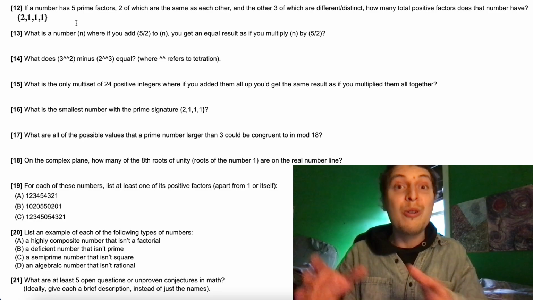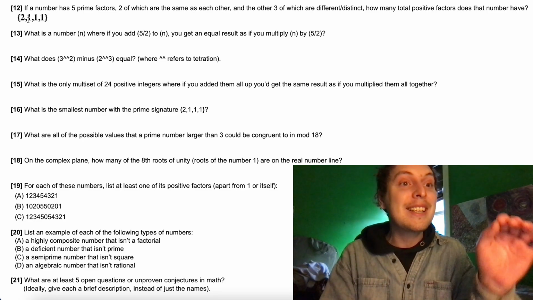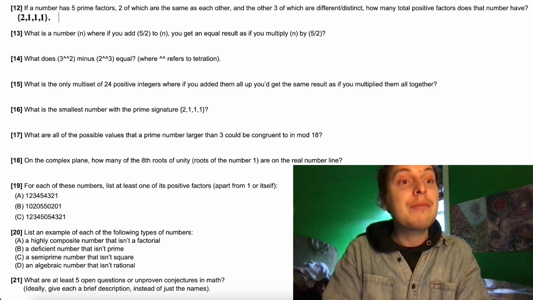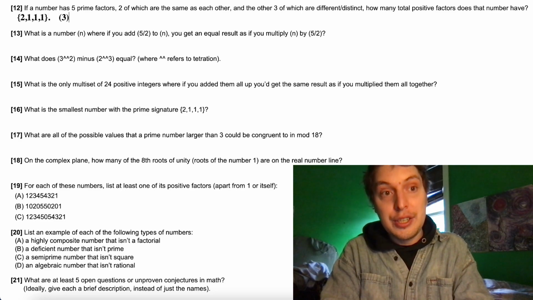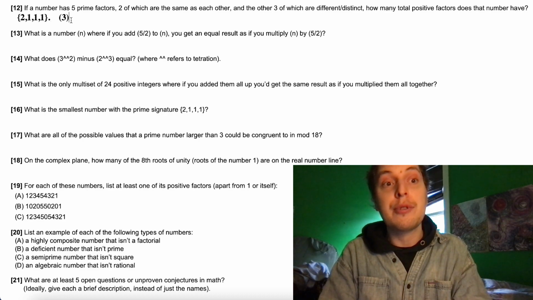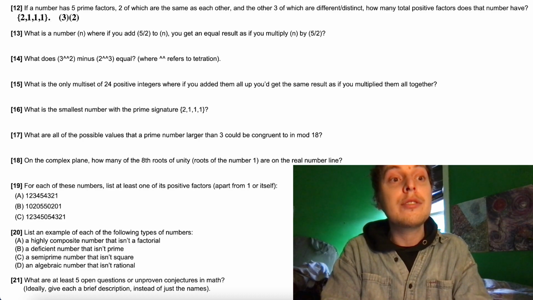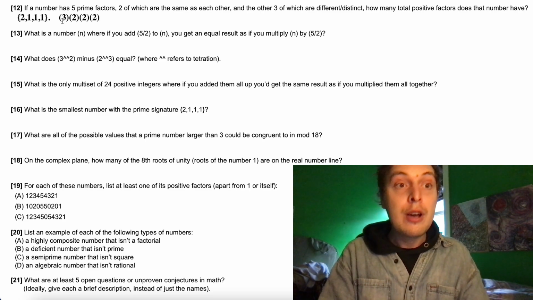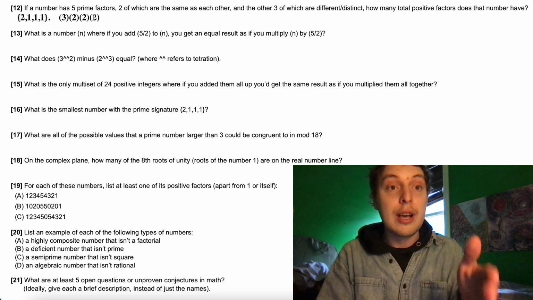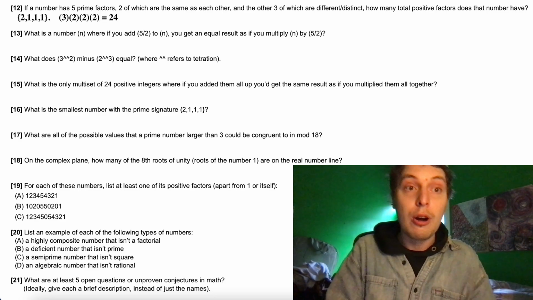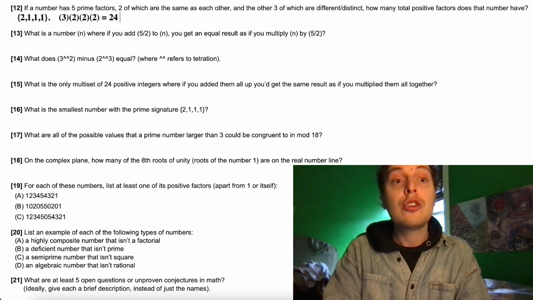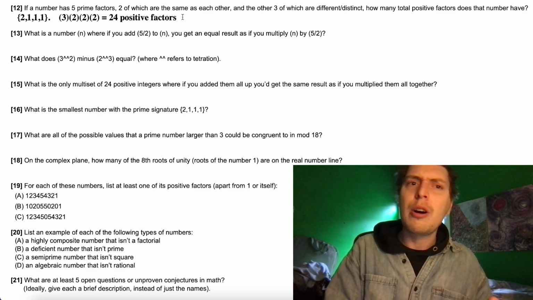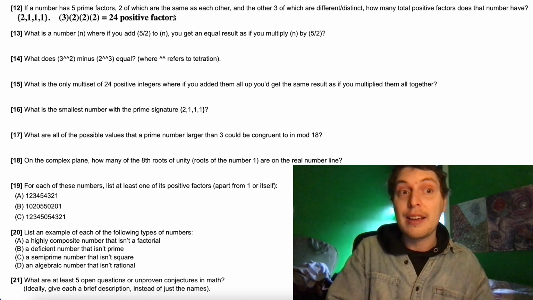There's a simple, cool formula, which is that you take each of the numbers in the prime signature and you add 1 to each of them, so the 2 became a 3 here, and each of the 1s become 2s, and then you multiply them together, which gives us 3 times 2 times 2 times 2 is 24, and that tells us 24 positive factors, or as you'll often just hear them called, factors if you're not specifying the negative ones, of this number.